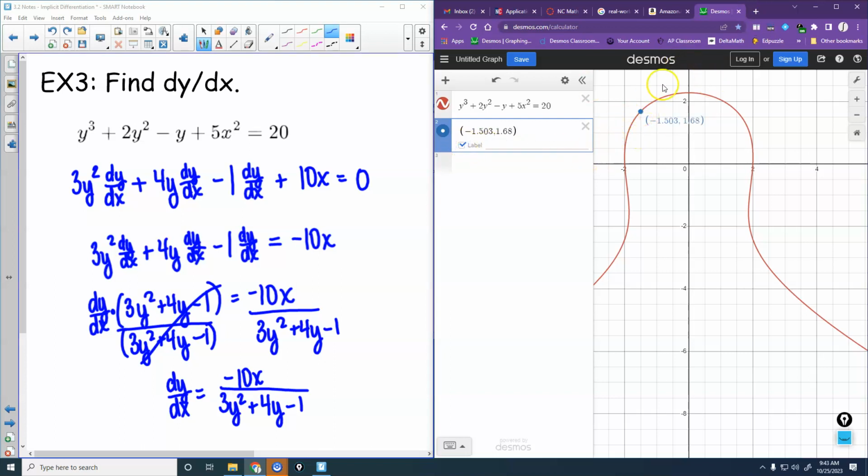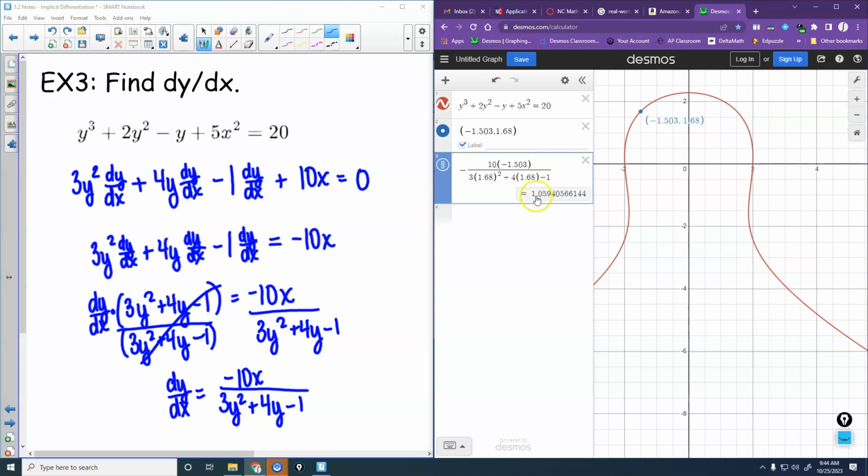So if I want the slope of the tangent line for that, I would do negative 10 times negative 1.503 divided by 3 times 1.68 squared plus 4 times 1.68 minus 1.